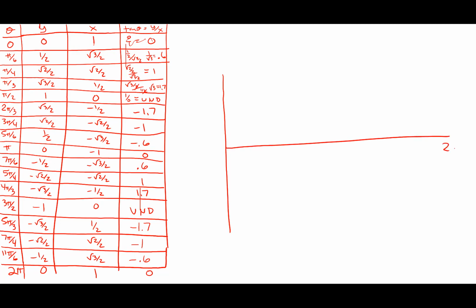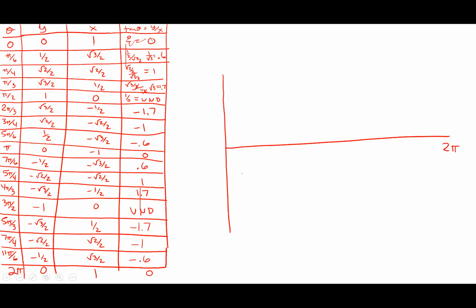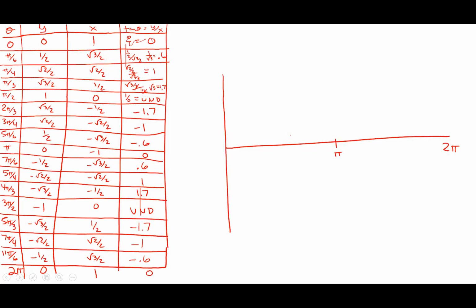We're going to go to 2 pi again. And there's pi. Pi over 2, pi over 4. Three pi over 2, the middle of these guys.